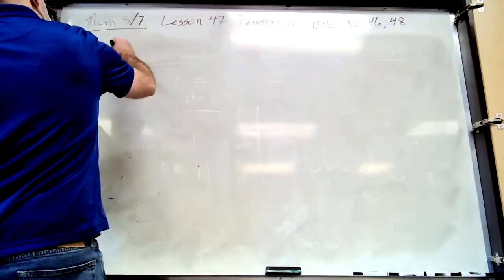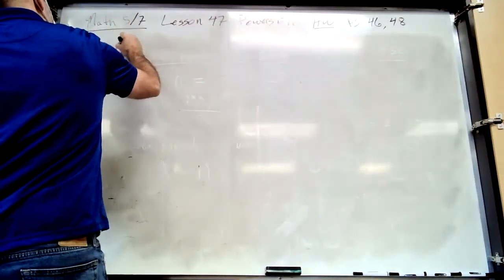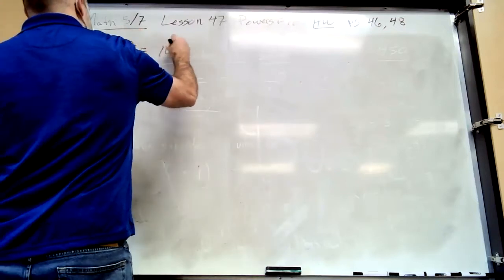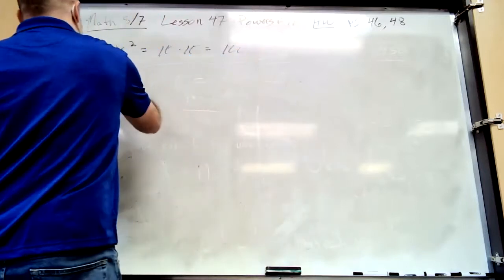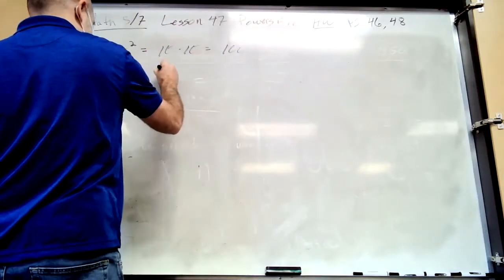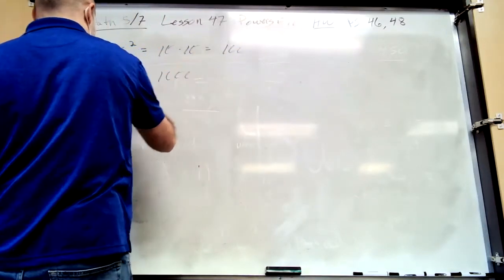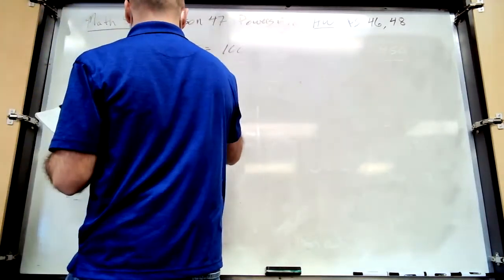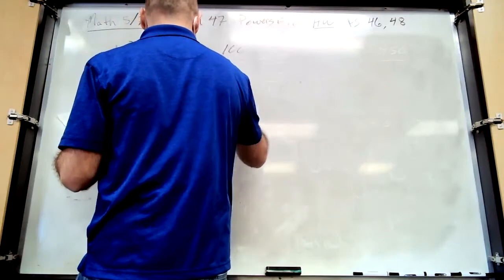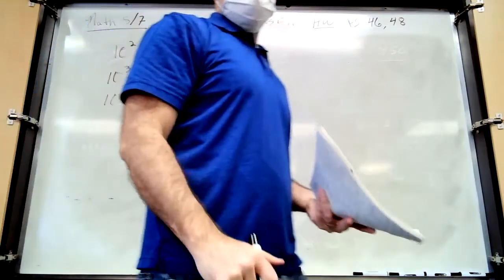So we said 10 squared is just 10 times 10, which is just 100. Does anyone know the shortcut to figuring this out? What's the shortcut?